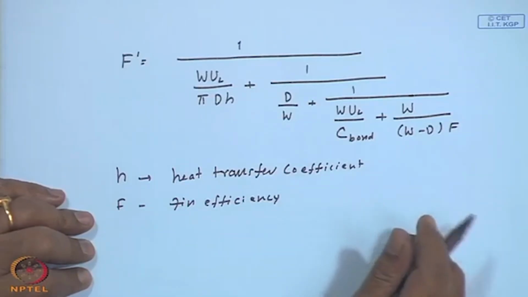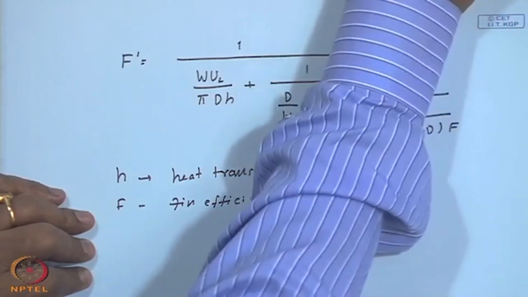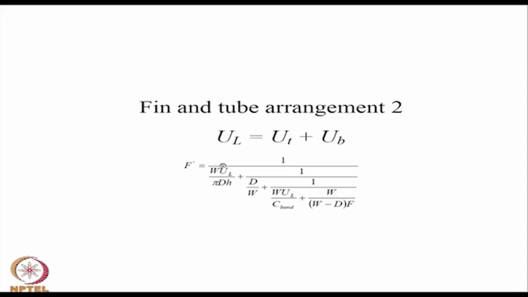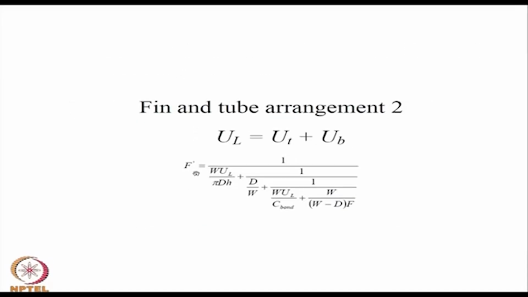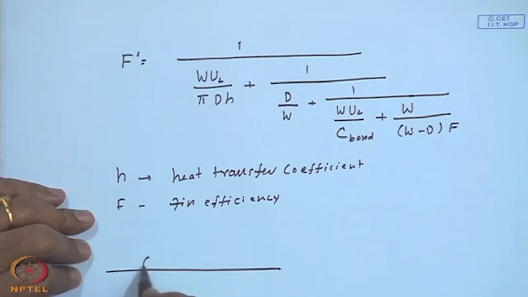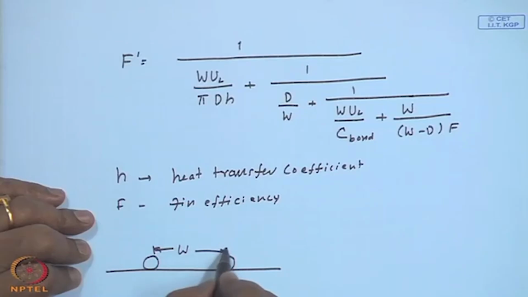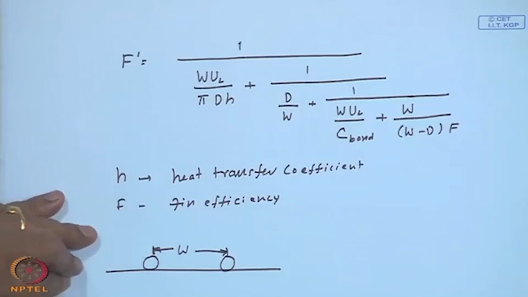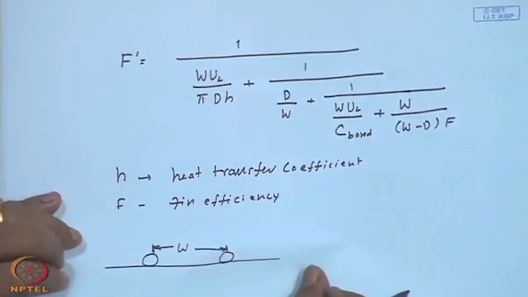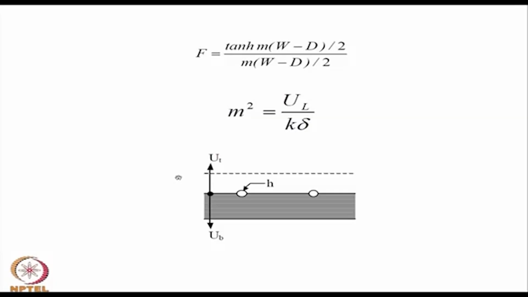W is the center to center distance between the tube and the tube. This is the way we also defined it when we were considering the tubes below the absorber plate. So again, my fin efficiency remains the same.